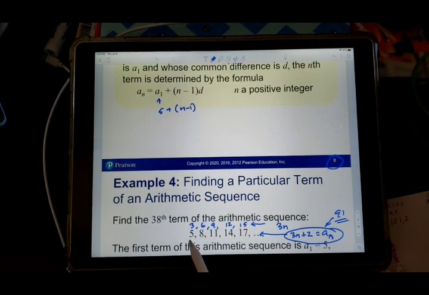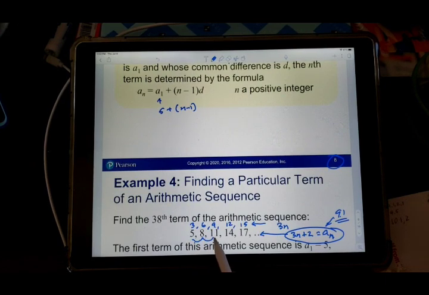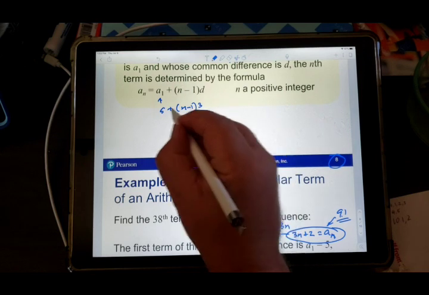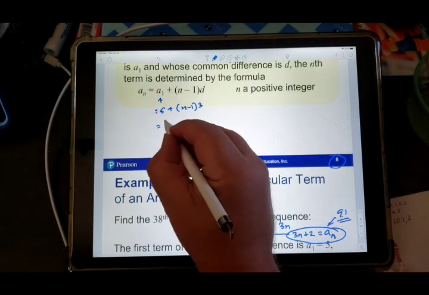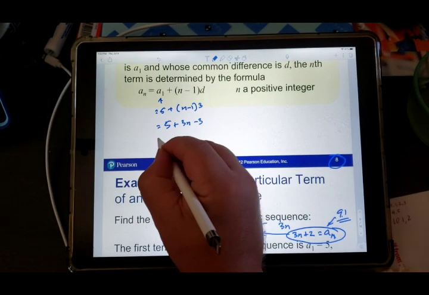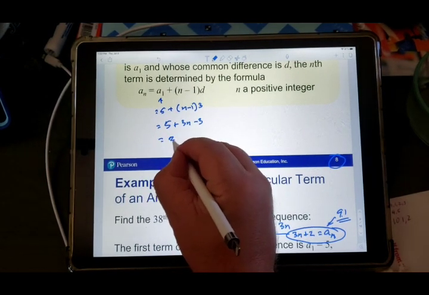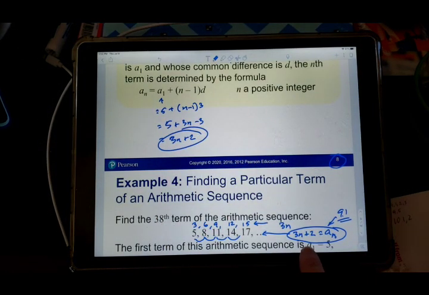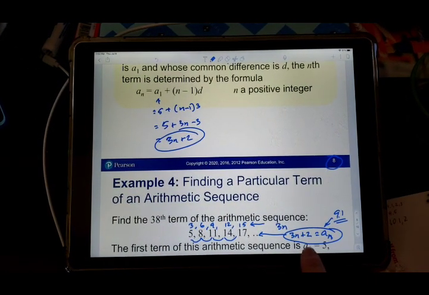Well, I look at this, and it looks like I'm adding 3 every time. Confirm that, yep. So I put a 3 there. So this is 5 plus 3n minus 3. And lo and behold, I get 3n plus 2, which is exactly what I would have gotten without knowing section 9.2 or this formula.